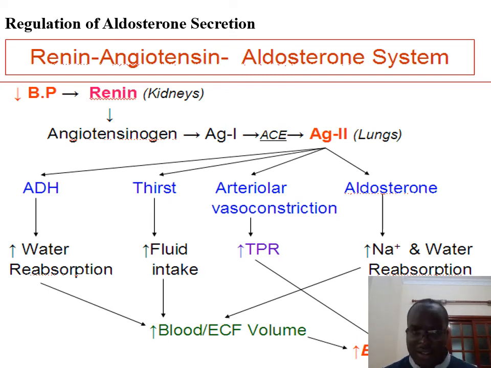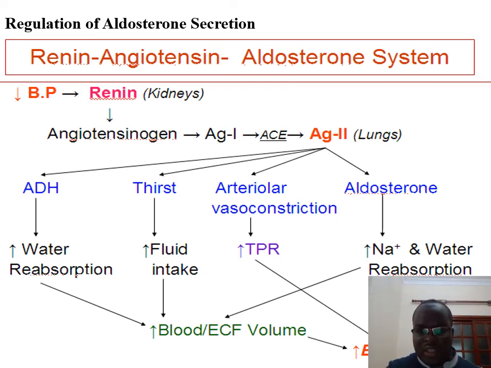So this is the renin-angiotensin-aldosterone axis. If there is a decrease in blood pressure due to decrease in blood volume or whatever it is, there will be an increase in the secretion of renin by the kidneys. The renin will go and convert angiotensinogen that is produced by the liver into angiotensin 1. The angiotensin 1 is going to be converted by angiotensin converting enzyme into angiotensin 2 in the lungs and also in the kidneys.